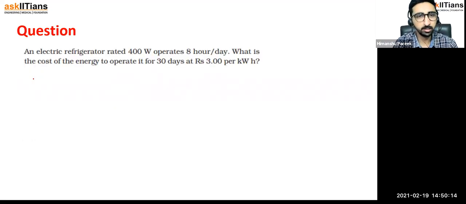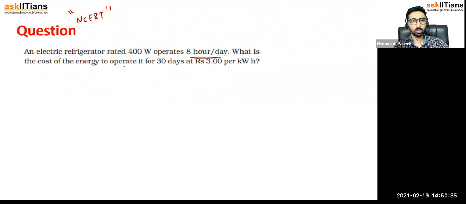Now the next part is this type of question. This question I have taken from NCERT only. It's given as a solved example in NCERT. Let us understand the question. It's given that an electric refrigerator rated 400 watt operates 8 hours per day. What is the cost of energy to operate it for 30 days at rupees 3 per kWh?